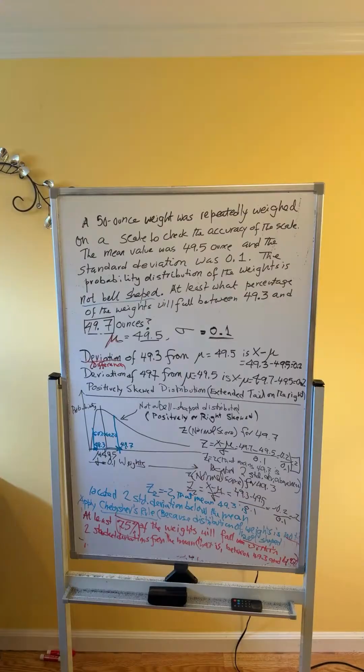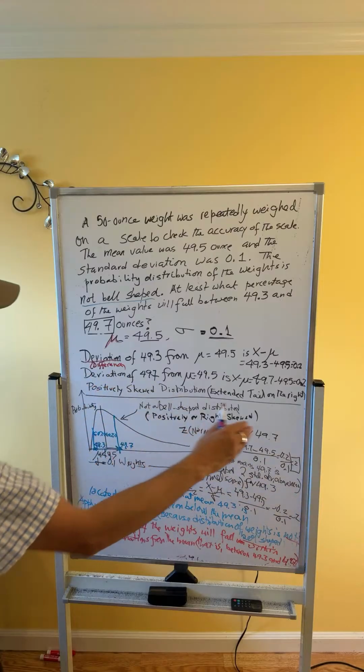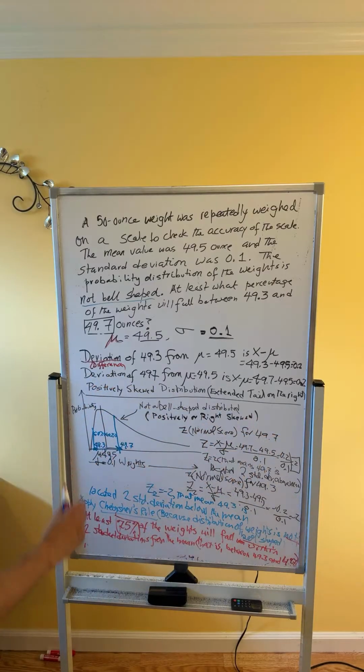Now we have been asked what percentage of the weights will fall between 49.3 and 49.7. Both are located 2 standard deviations from the mean, 49.3 below and 49.7 above, the same distance.